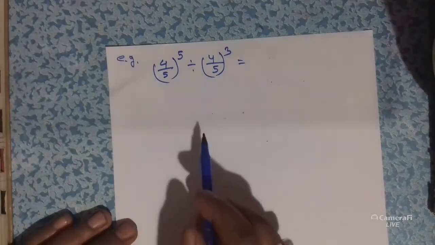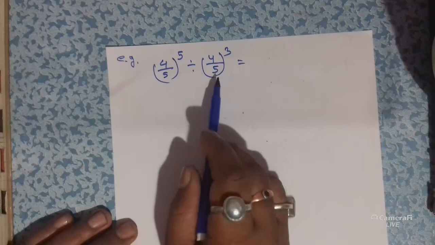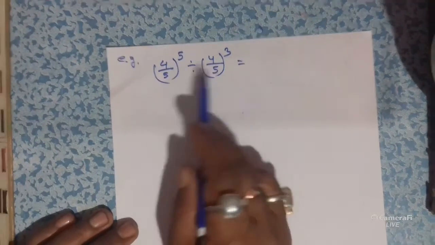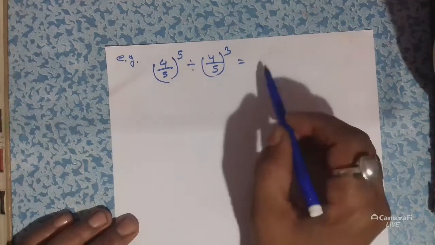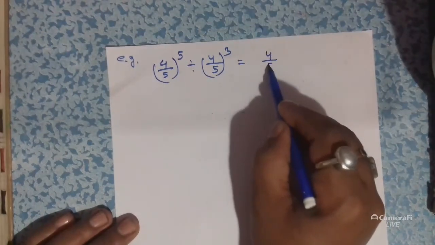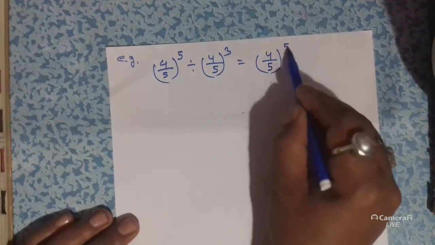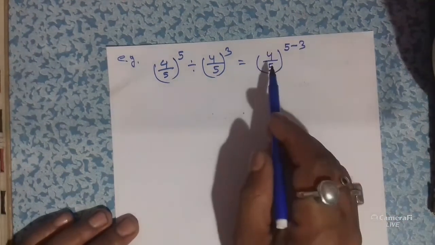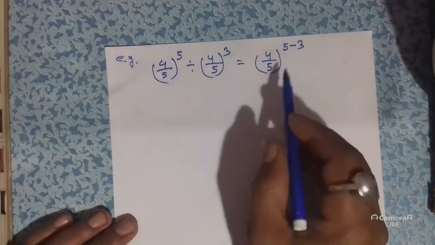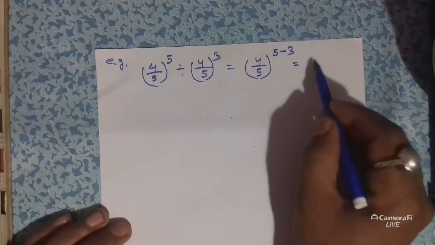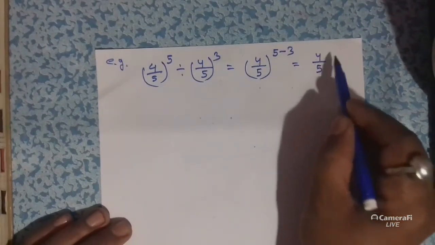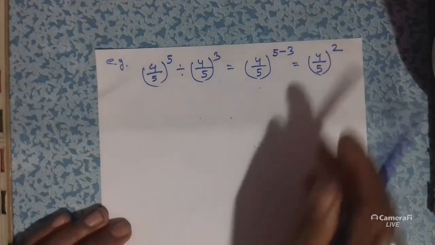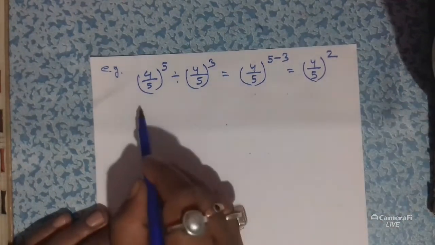Here also you can see, students, the bases are the same and the powers are different, and we have to divide these two numbers. In this case, we write (4/5) to the power 5 minus 3, because powers should be subtracted. 5 minus 3 is equal to 2. So (4/5) to the power 2.